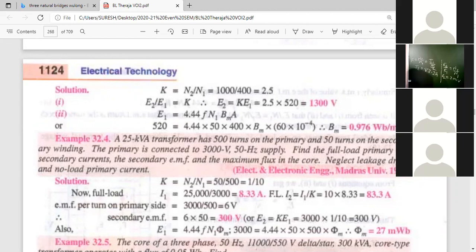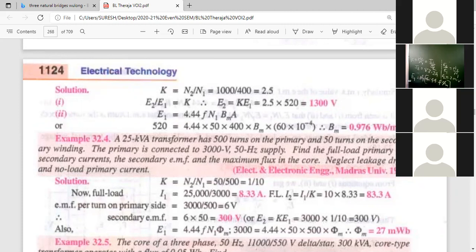Now he is asking for the flux in the problem. We know E1 is equal to N1 into 4.44 f phi. This is the first formula in the EMF equation of transformer. Phi is equal to BA, so BA is equal to phi.